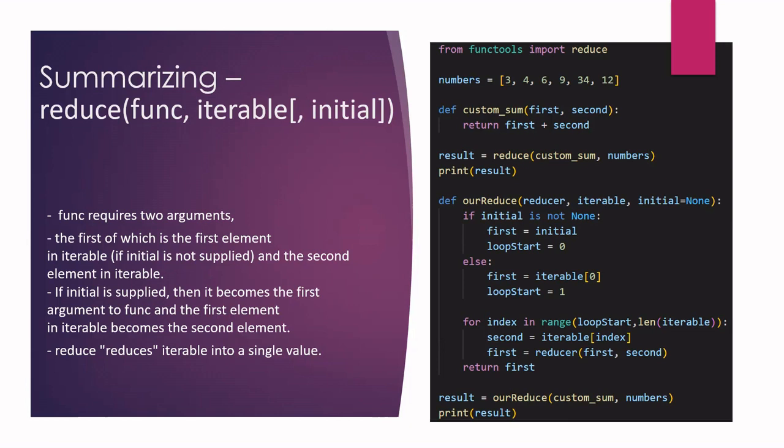Okay? So we send 5 and 4 as first and second to that reducer, and then it would return 5 plus 4, which is 9, right? So where does the 9 go? It would be the first in the next iteration. So now the next iteration is the result of reducing the previous 2.